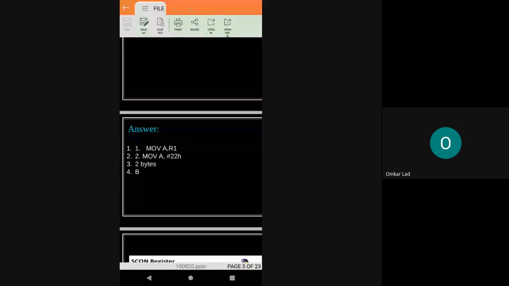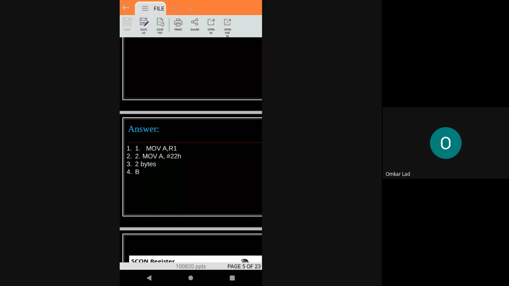Whatever Aboli has written there as the answer for the second question, just check it out: what correction is required and what the correct answer is. First is MOV A, R1 or MOV R1, A, anything is correct.